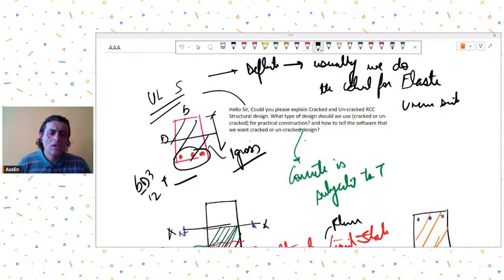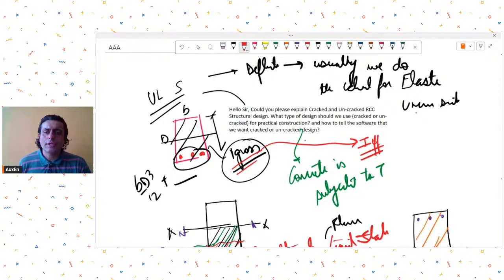So it is basically doing the calculations as per the gross moment of inertia. Now this calculation is not accurate because your section is cracked, and you should not consider gross moment of inertia, but you are supposed to consider what is called the effective moment of inertia.